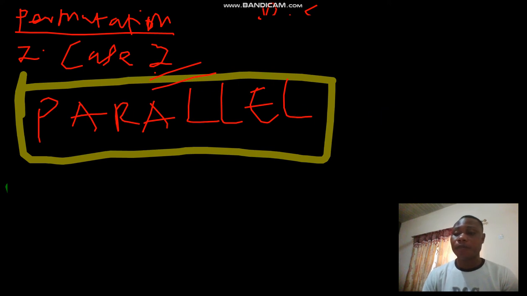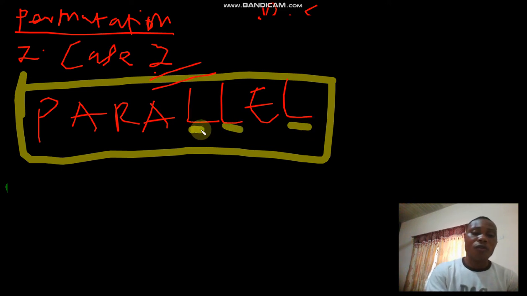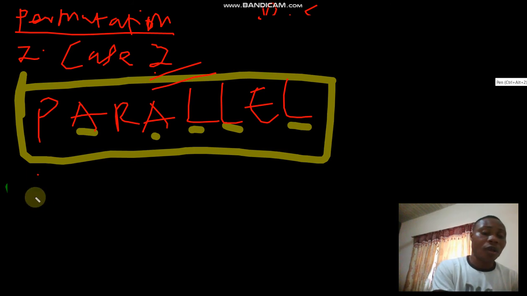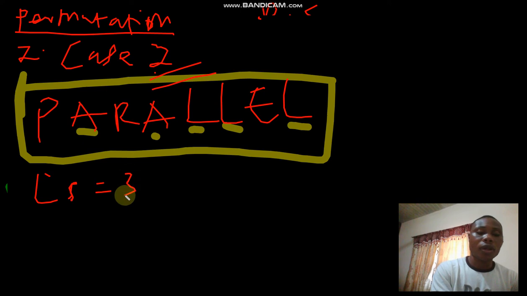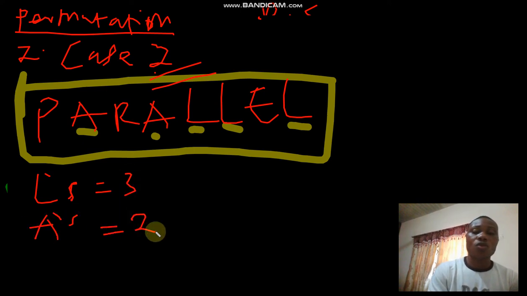What are we seeing here? I can see so many things here. First, I can see that I have 3 L's, and I also have 2 A's. So I'll write them down. My L's are 3, and my A's are 2.